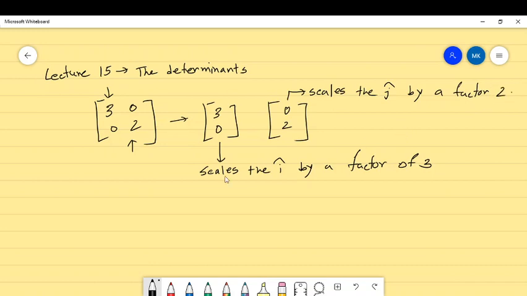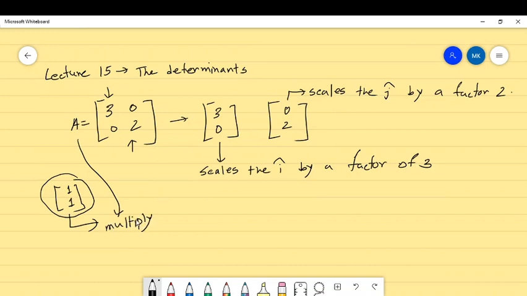How? Let's say you have a vector, 1 1. If you multiply this vector with this particular matrix, you'll have a linear transformation something like this.